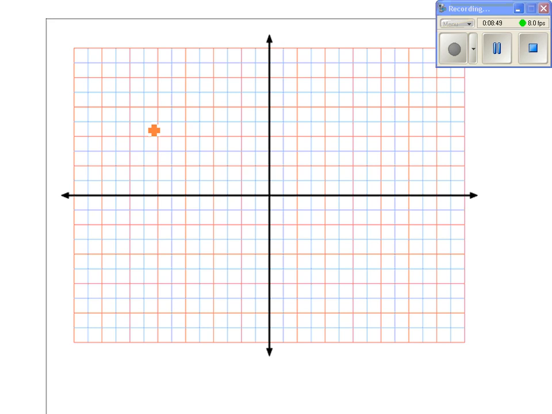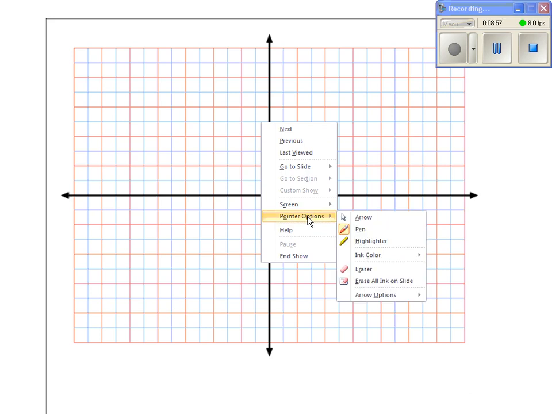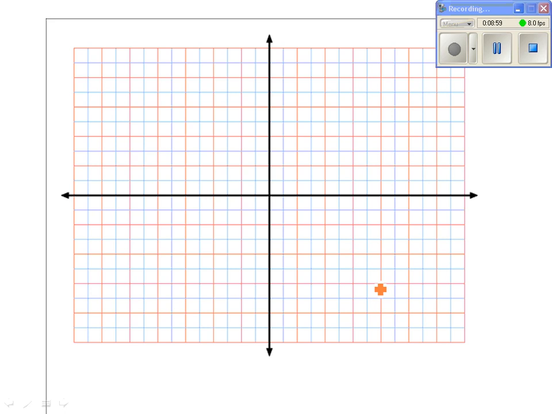So we have 0, 1. Oops, that's not 0, 1. Zero, one is there. Everybody see that orange? Yes. Okay, that's R. 5, 1.